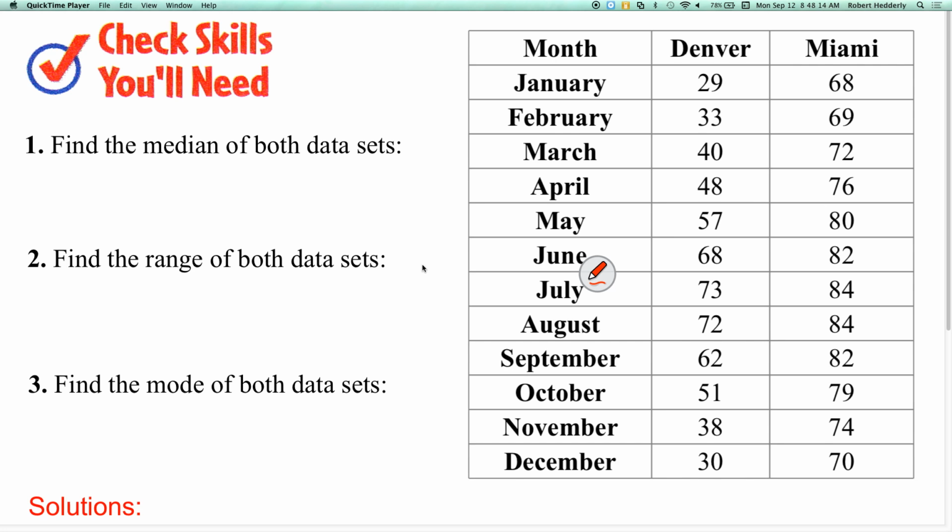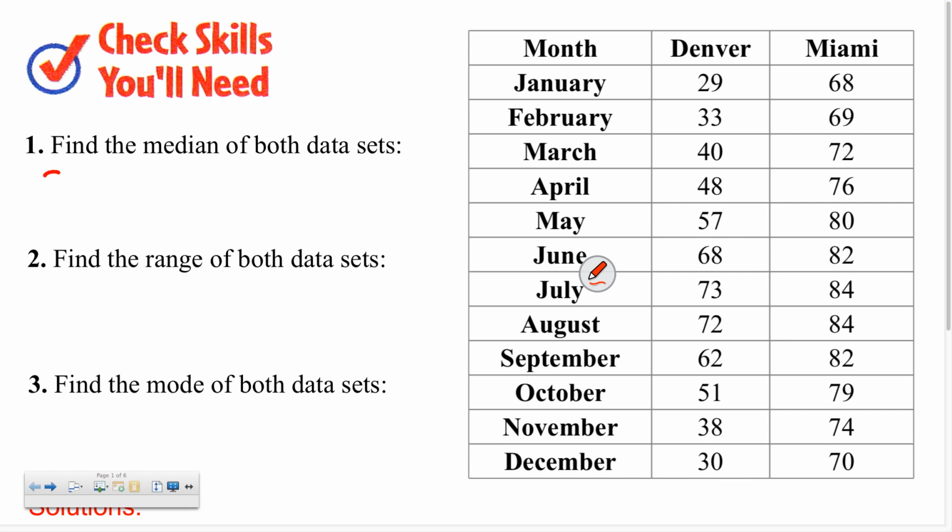Okay, so 29 goes first. Okay. It's 30. Okay. Then 33. Okay. Then 38. Uh-huh. Then 40. Okay. 48.